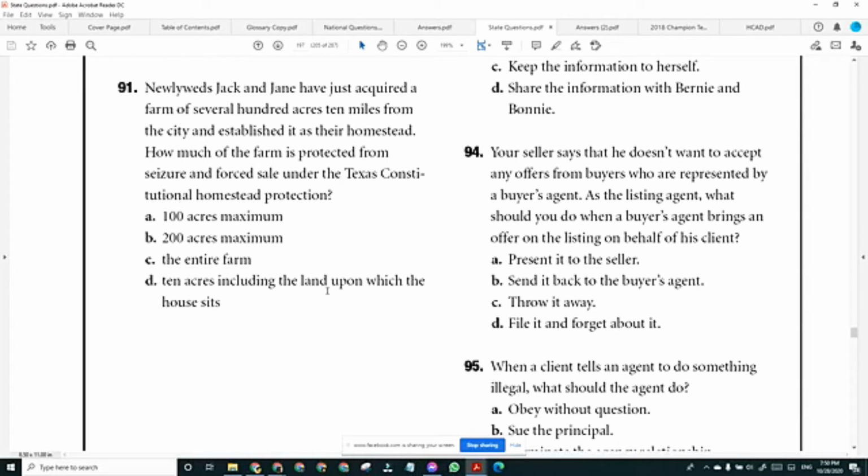Well, it's not the entire farm, and it's not just 10 acres, okay? So there's a certain amount of acres that are permitted. 91B, okay, 200 acres. Anyone else?